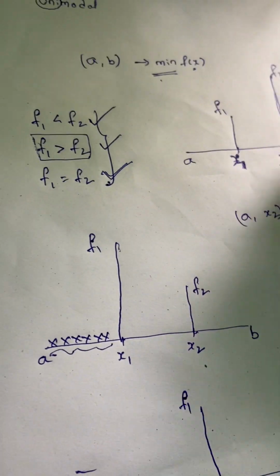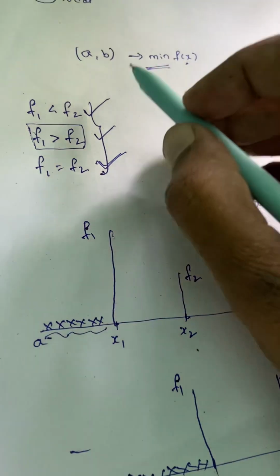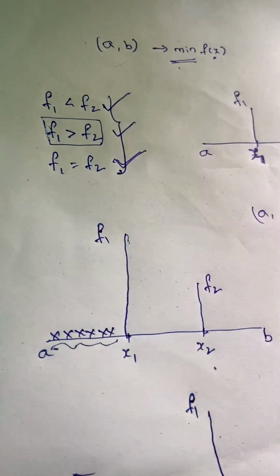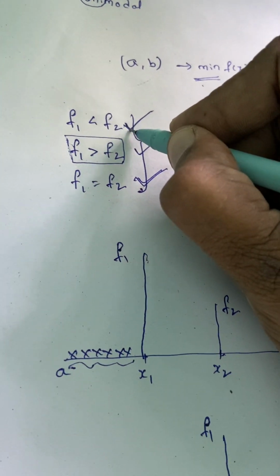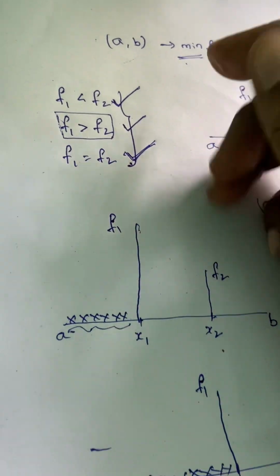So this is how we solve a function for finding the minimum value in a given interval. There are three possible outcomes: f1 less than f2, f1 greater than f2, and f1 equal to f2. There are many methods for solving these optimization problems, and we are going to see different types.